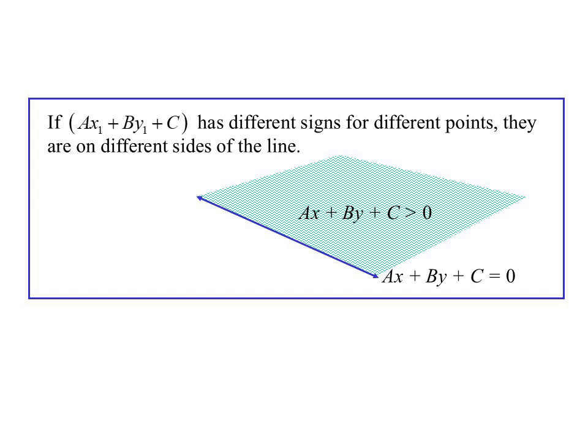Another way to think about that is, if I substitute into the equation and I get a positive answer, I know it must be on this side of the line. And if it gave me a negative answer, it must be on the other side of the line. So if I wanted, for some reason, to investigate 2 points, I could determine which side of the line they're on, and whether they're on the same side or on opposite sides.